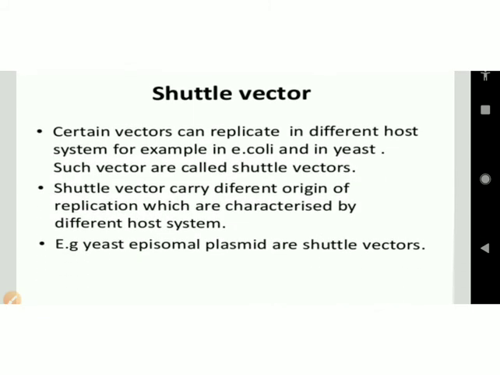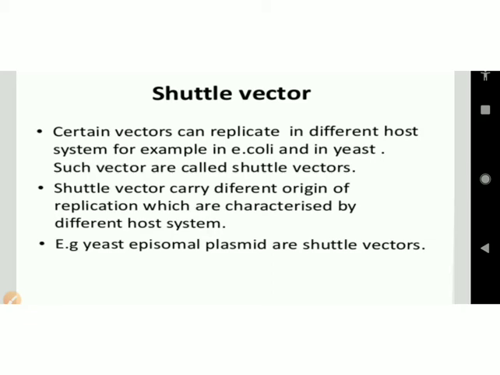And then the other type of vector that is important is the shuttle vector. Shuttle vectors are also important to our course. Certain vectors can replicate in different host systems, for example in E. coli and in yeast.